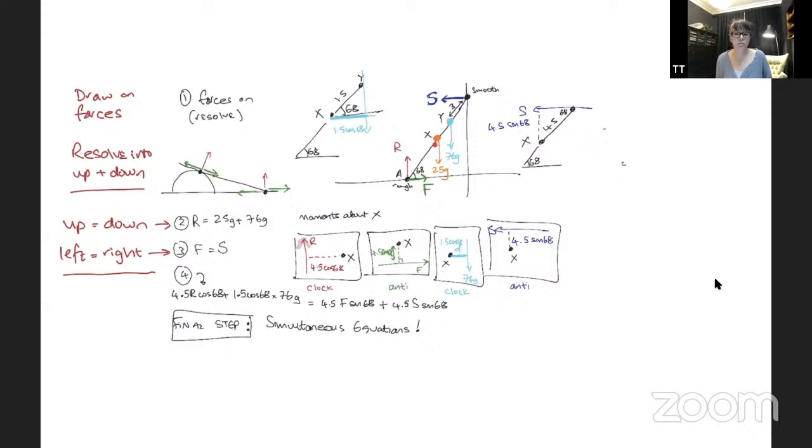There's X. What does F look like to X? That's what we're drawing. There's X. What does the blue 76G look like relative to X? It's going down and it's to the right. Here's X. What does S look like? It's going across the top of X. Okay, so each moment has its own box.